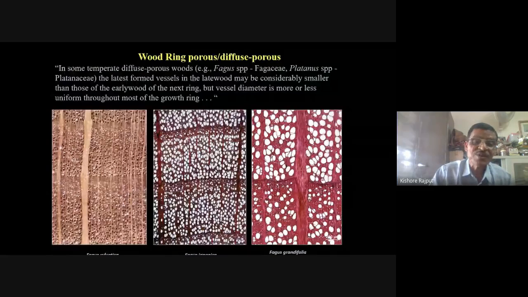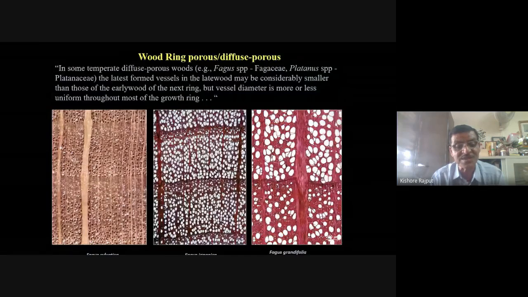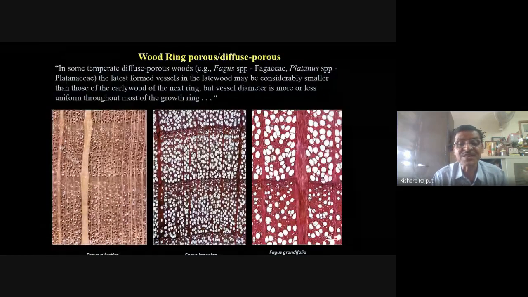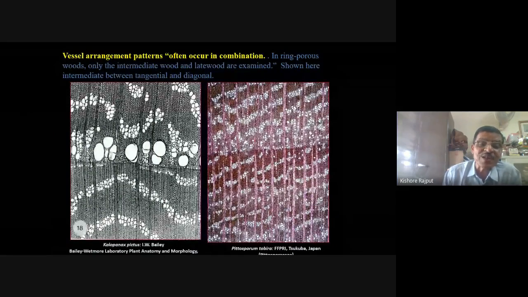Now, if you look at these images, you can see the growth rings are very different in all three samples, whether it is Fagus or within the species. On this basis itself, we can separate out the species. Then here you can look at the pattern on the left side. You can see there are a few large vessels, then a few small vessels which are angular.